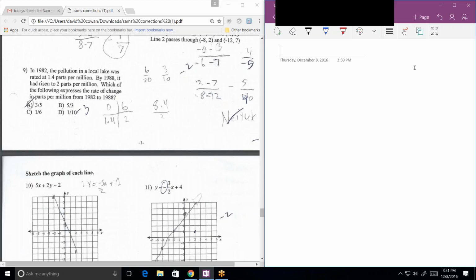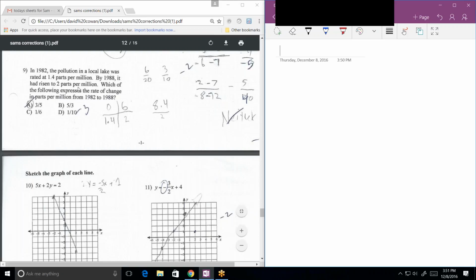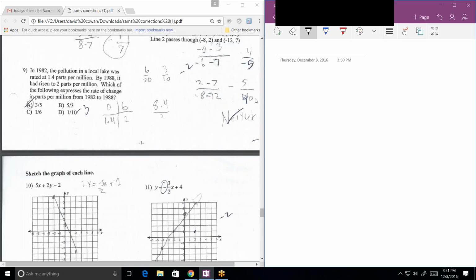So if I'm trying to figure out the rate of change, I'm looking for the difference in the population divided by the number of years. Well, what's the difference in the population? Between 2 parts per million and 1.6, no, 0.6 parts per million. Okay. How many years is that over?